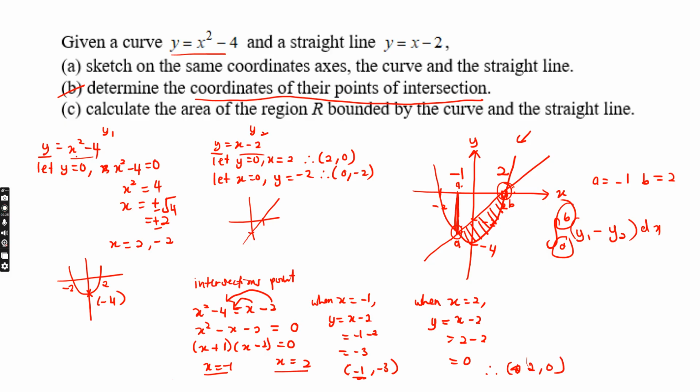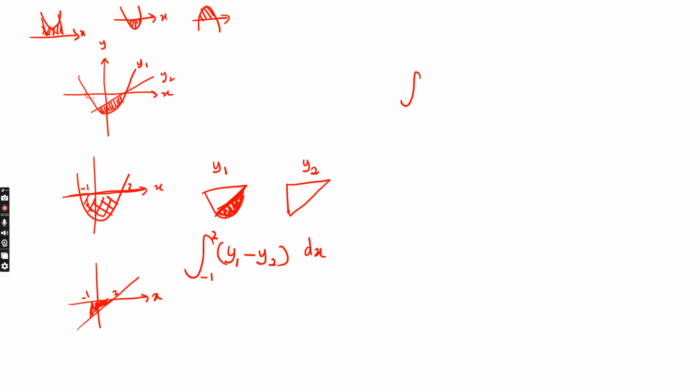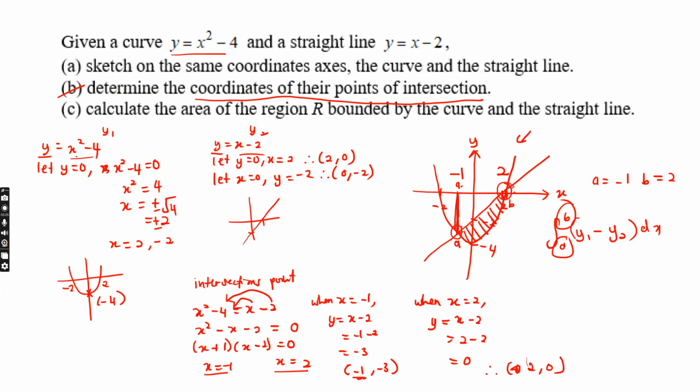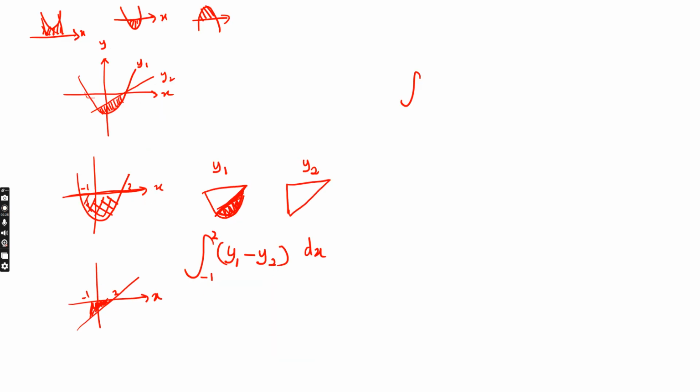Oh. Okay, based on the marking scheme, it's supposed to be the linear minus the quadratic, like this: integral of x minus 2 minus (x squared minus 4) dx.